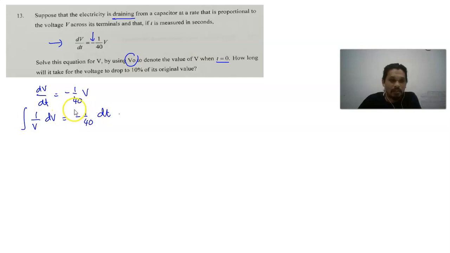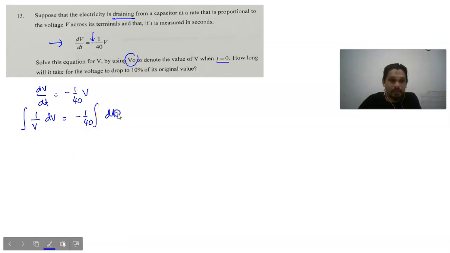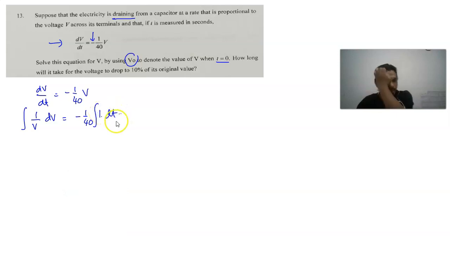Okay, I might also write down the symbol of integral here, because this is a constant. It will affect nothing when we integrate. So just imagine that this means dt, which is 1, integral of 1 with respect to t.